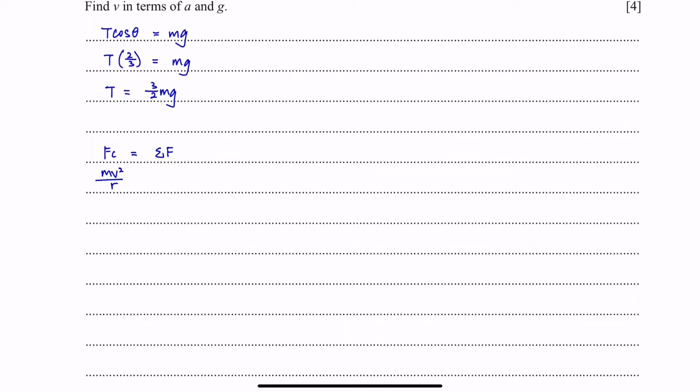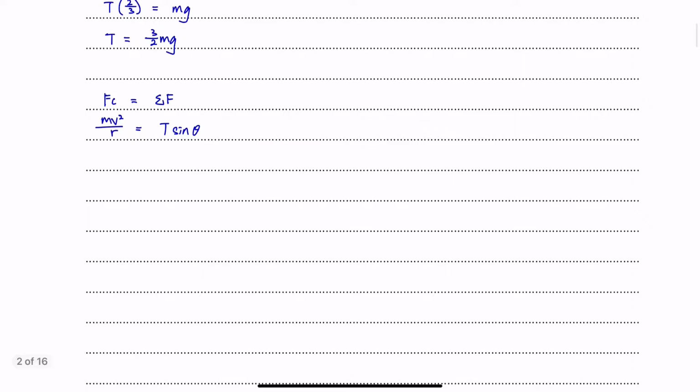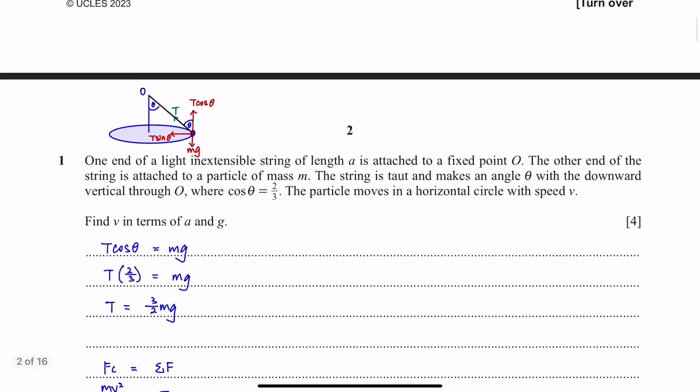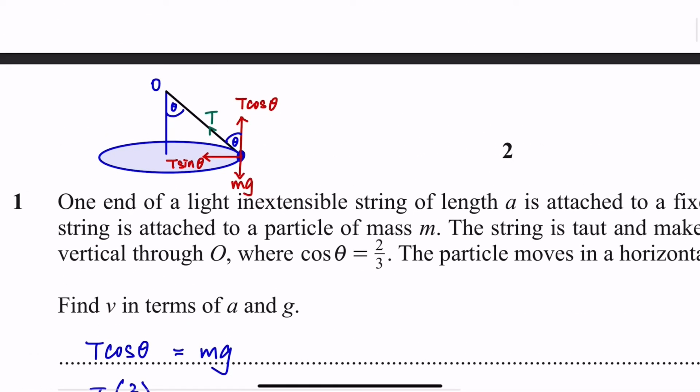This is the formula that we can use. And the net force would be T sin theta. So mv squared over r would be equal to T sin theta. Let me draw it out. This would be the r, the radius of the circle.